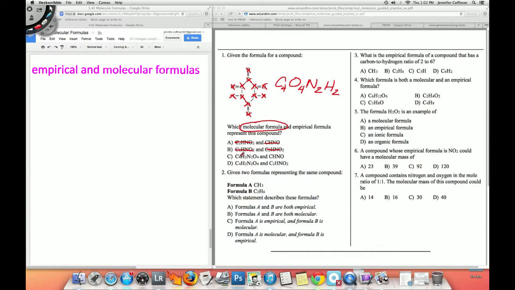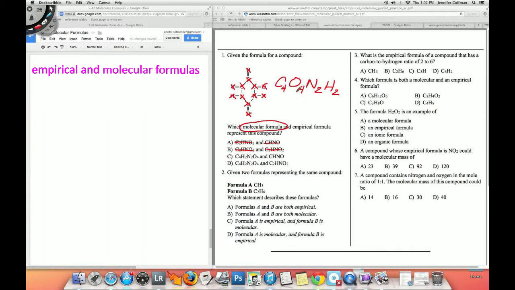Now this one says 4 carbons. That's good. This one only has 1 carbon, but I'm not going to cross it out because I'm looking for the molecular formula. This might be my empirical over here. So let's take this one that has 4 carbons. This one has 2 carbons, but this one has 4 carbons, and let's keep these 2 for now.